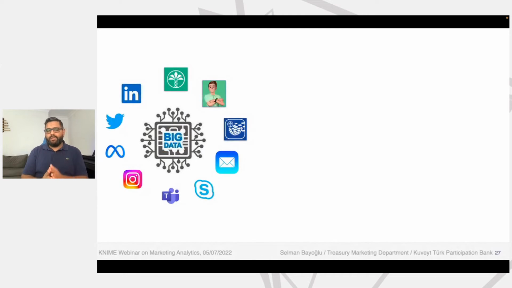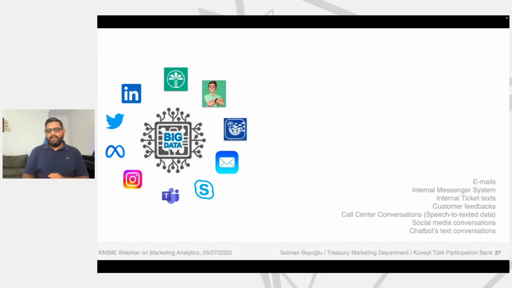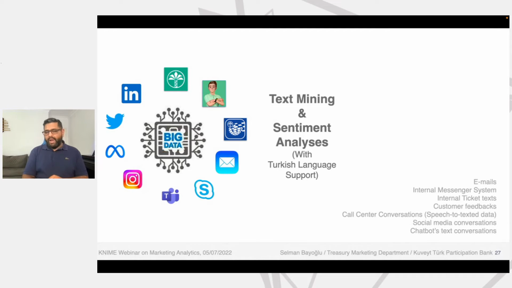And we have the banking-oriented core banking system, BOA, and emails and internal messaging systems, Skype and Teams, and social media: Instagram, Meta, Twitter, and LinkedIn. So all of them need to be processed. How will we be doing it? By text mining and sentiment analysis.